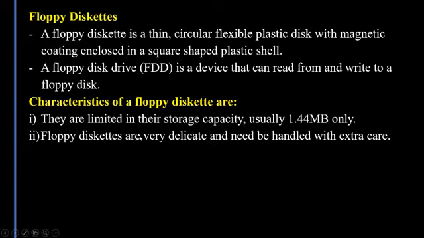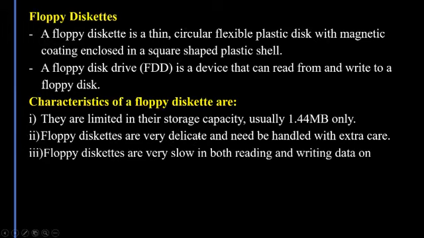They can easily get spoiled if exposed to sunshine or slightly abnormal temperature, and the data can be lost. Also, they are very slow, both in reading and writing.